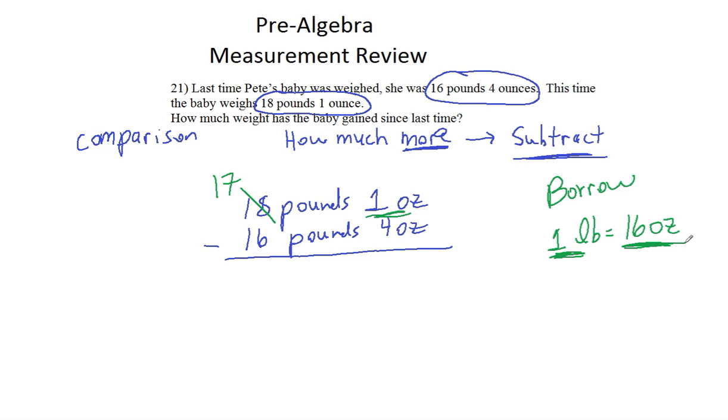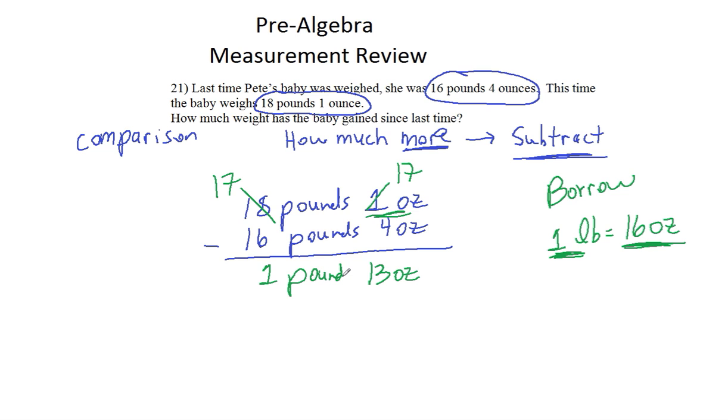Borrowing a pound, we're borrowing 16 ounces. So it's 1 ounce plus 16 more gives me 17 ounces. Okay, the 1 pound is 16 ounces. That's why it's 1 plus 16. Now I'm ready to subtract. 17 minus 4 will give me 13 ounces, and then 17 pounds minus 16 pounds gives me 1 pound.